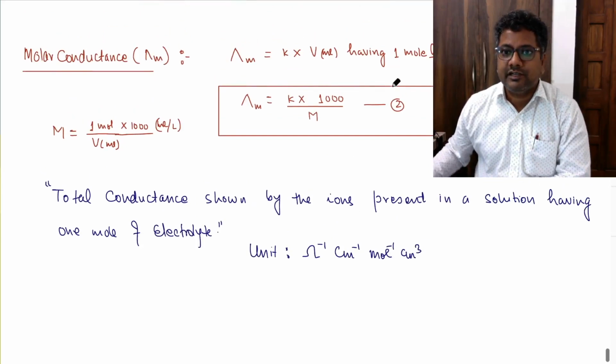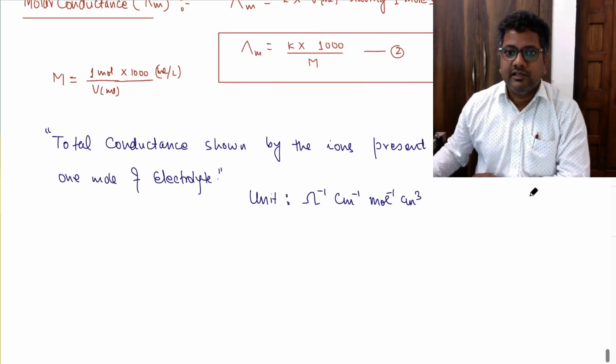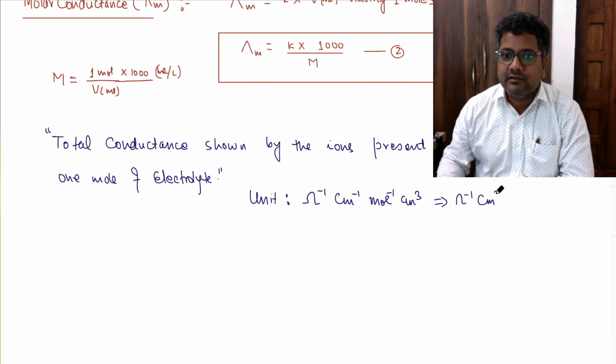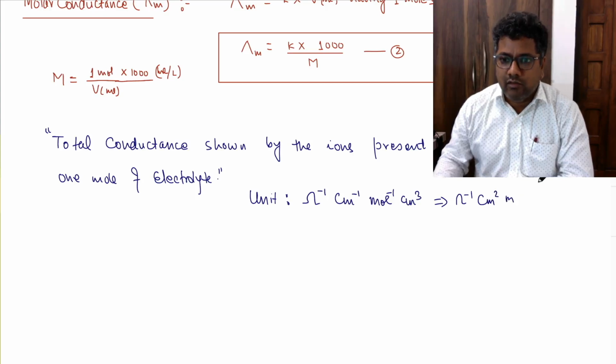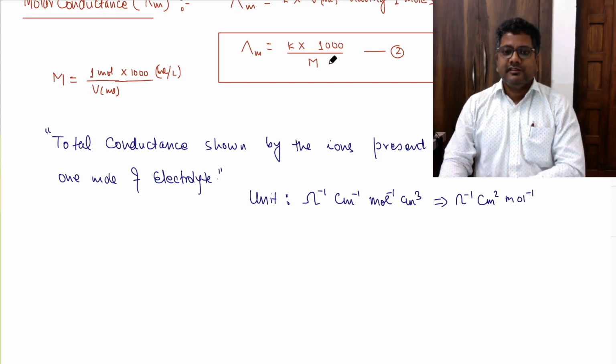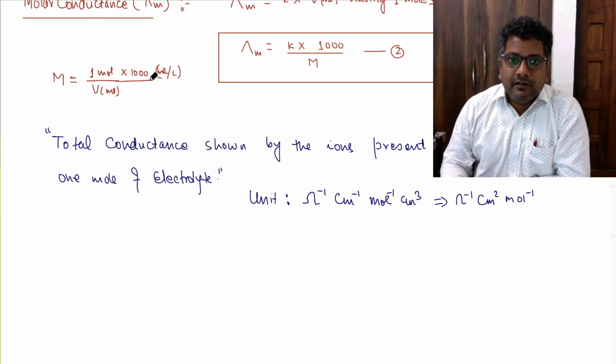Because see, what is the definition? Volume in ml. So 1 ml is equal to 1 centimeter cube. So now this unit becomes ohm inverse centimeter square per mole, right? See here, this is molarity, 1 mole per liter, and you know this is 1000 centimeter cube, 1000 ml.